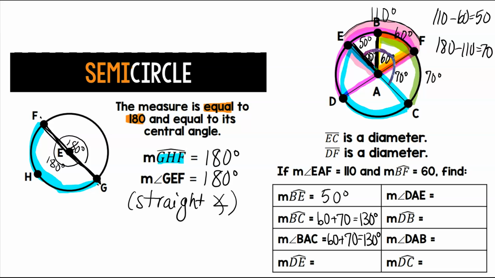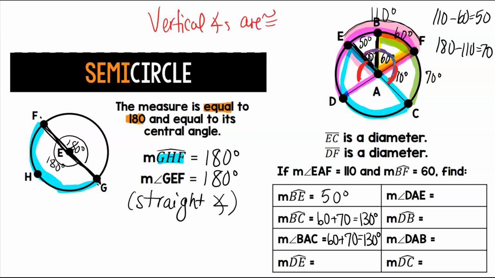Now arc DE. Let's look at something very old, but should be very new. We have these two red angles here. Those are vertical angles. And if you remember from the beginning of the year, vertical angles are congruent.